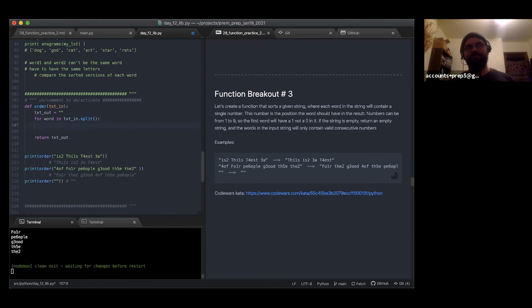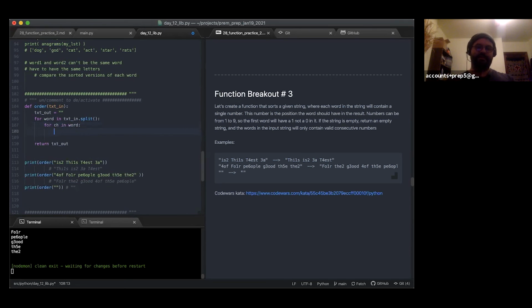So I have to discern the number in the word. Right? So in order to discern what number is in each word, I have to loop through the characters of the word. So I can say for character, I'm just going to say ch in word.